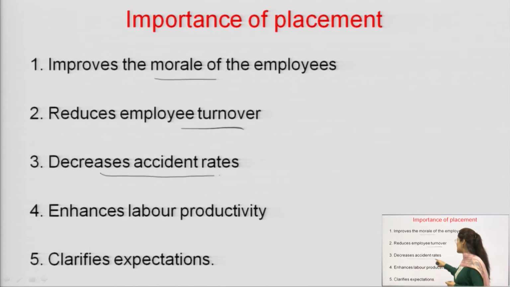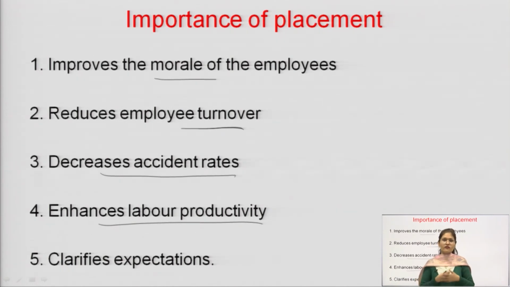Next one is decreases accident rates. If he is rightly placed at the right job, obviously he knows what kind of work he has to do, and he is able to do it perfectly. So the accident rates will not increase, they will get decreased. Next one is enhancing labor productivity. If he likes his job, if he loves his job, obviously the productivity will automatically get increased. And next one is clarifies expectation.